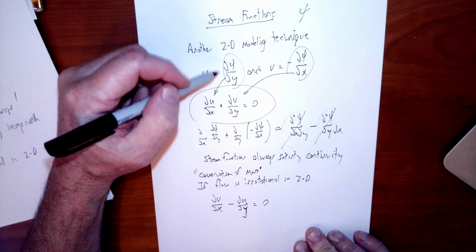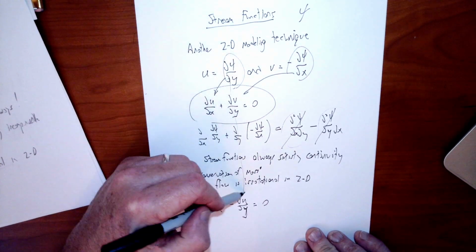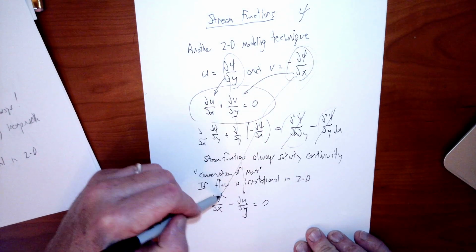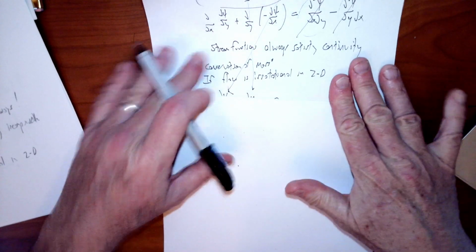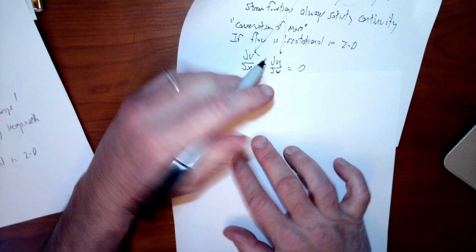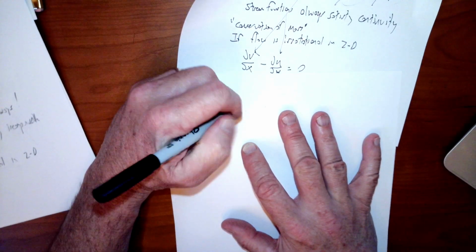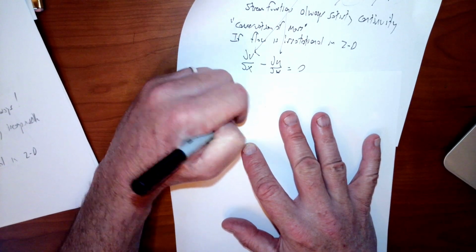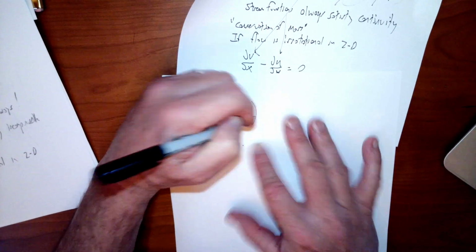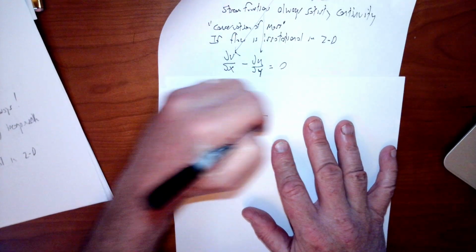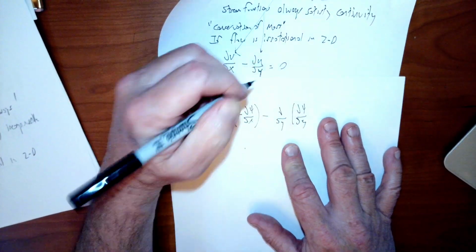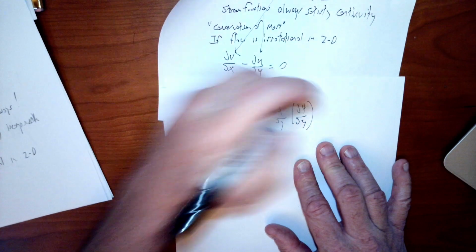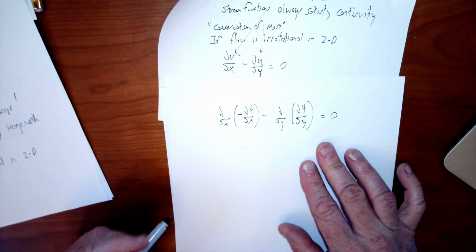Again, we're going to plug in our u and our v, and see what that has to say. So dv dx is the same as d by dx of negative d psi dx, and minus d by dy of d psi dy is equal to 0 according to that irrotational flow theory.